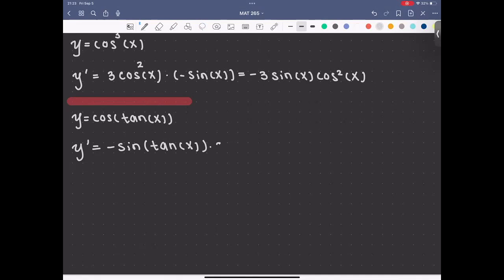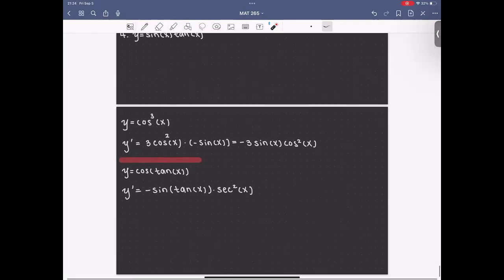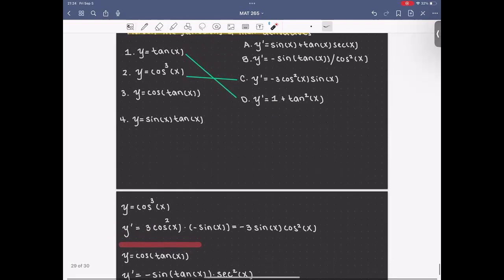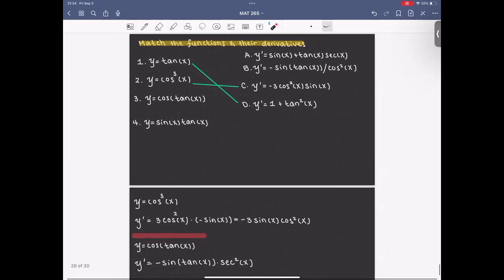And we saw tangent of x has derivative secant squared of x. So I'm going to lock in the answer of negative sine of tangent of x multiplied by secant squared of x. And let's see where that shows up. All right, so we have, does it appear anywhere? Okay, look. So B, negative sine of tangent of x, now it's saying divided by cosine squared of x.